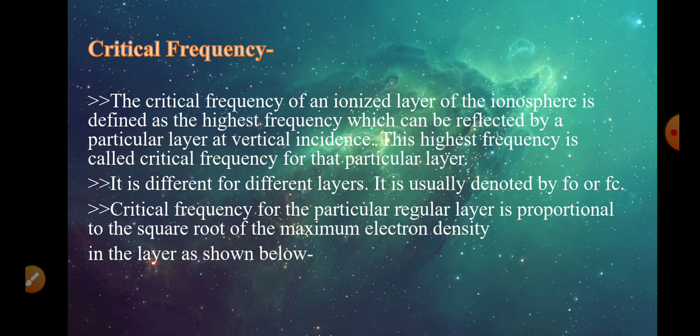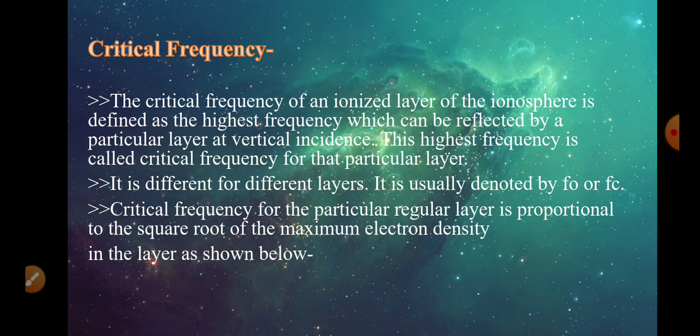So we can also say that the critical frequency for a particular regular layer is proportional to the square root of the maximum electron density in the layer. If we see the formula, it is different for different layers, and it is denoted by f naught or fc.